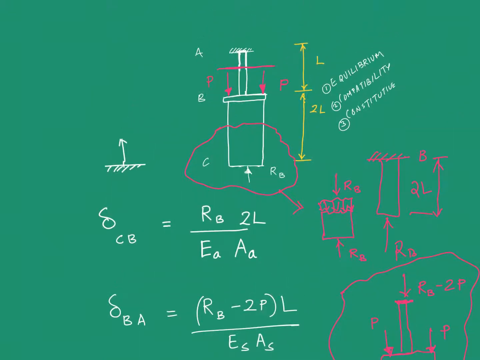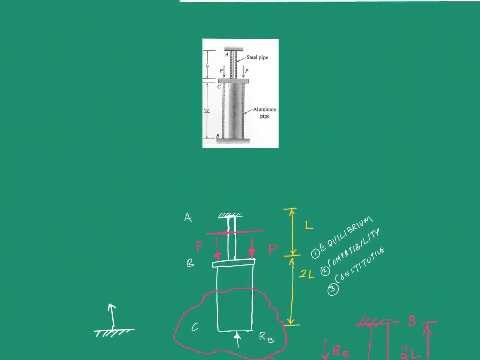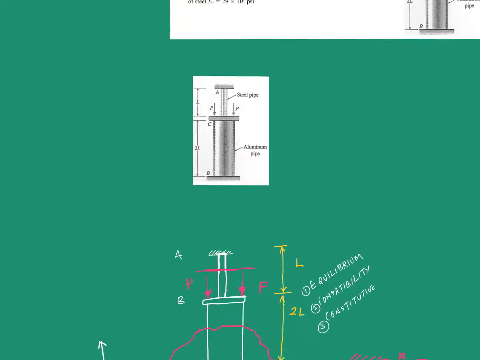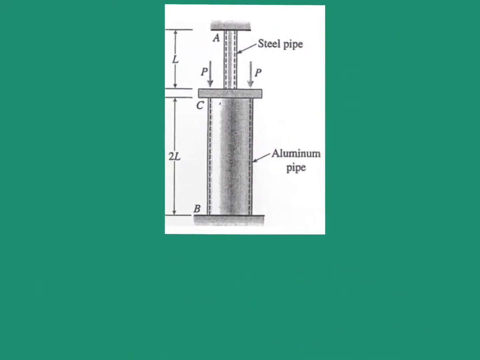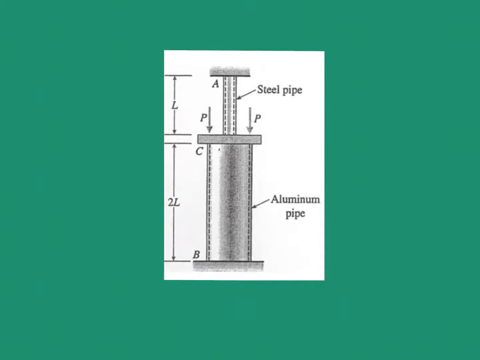When you are doing a statically indeterminate problem, it is not different from a normal problem, but you need to keep in mind the constraints that come as part of it, like how we solved for the displacement at this point, and finally enforced the displacement at this point to be 0. So no new techniques. Solving statically indeterminate problems is not difficult. It is just common sense. That's it. Thanks for watching.